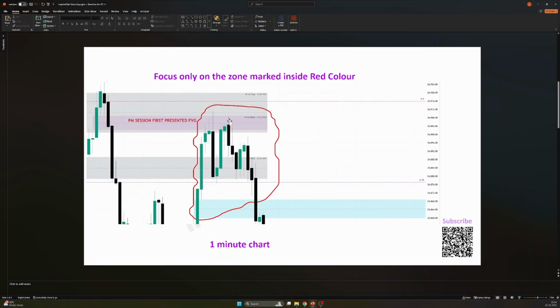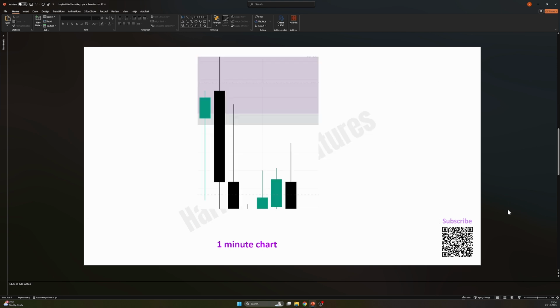Now you observe this part of the price action, this rejection from this first presented fair value gap. You can see this was the rejection, and you observe this candle, this wick, this huge candle and this wick.